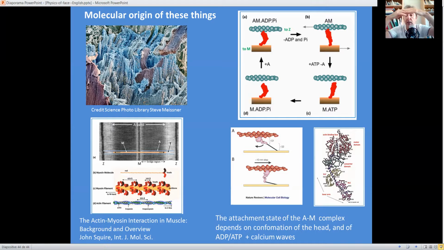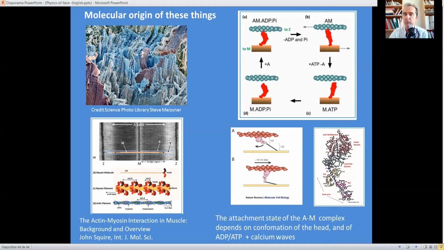And you have a head of myosin, which can make a conformational change under the presence of ATP and of calcium ions. And in the presence of calcium ions and ATP, then the head will pull the filament. And this is how the force is exerted.